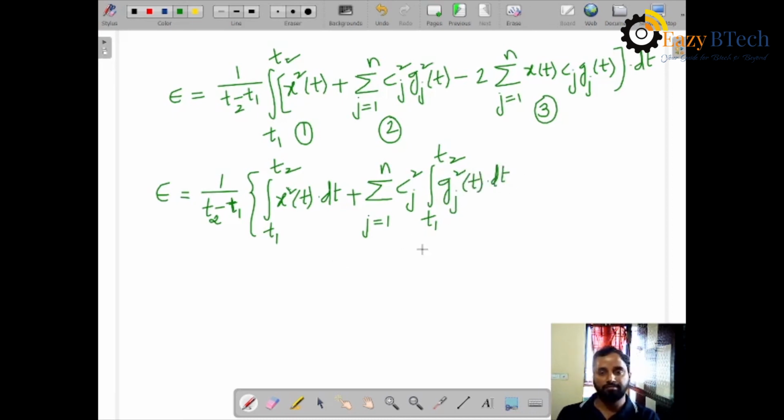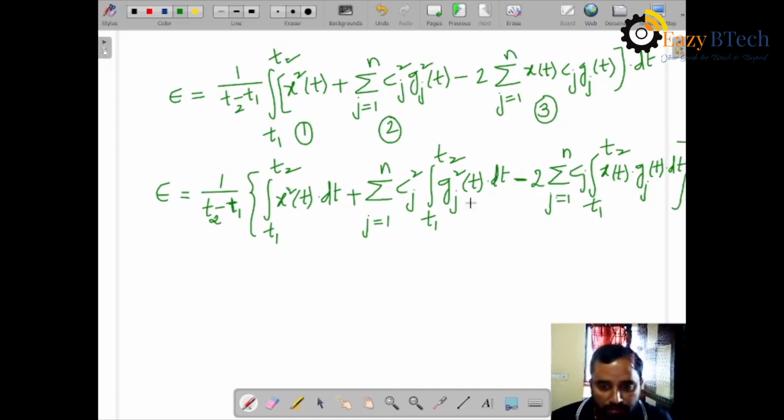And the third term: minus 2 summation j equal to 1 to n cj, integral t1 to t2 x of t into gj of t dt. So these are the three integrals we have.